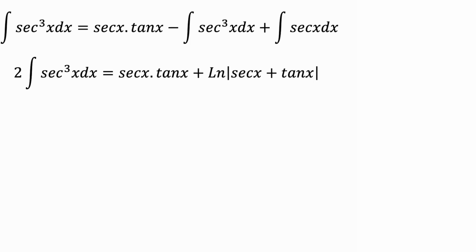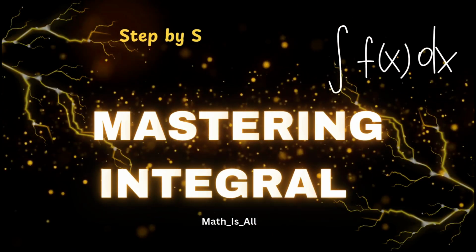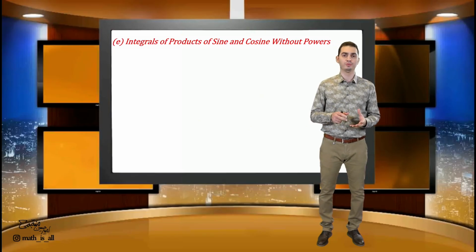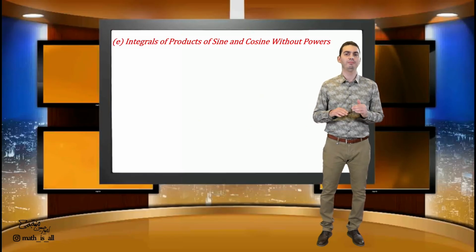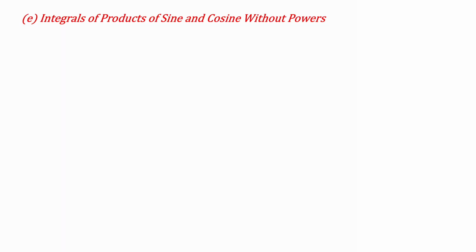And I already proved to you in the earlier sections that the integral of secant is the natural logarithm of secant plus tangent. And just like that, we obtain the integral of secant cubed. So, what are we going to study now? We're going to study integrals where sine and cosine are multiplied together without powers.